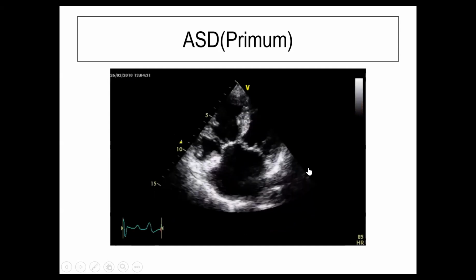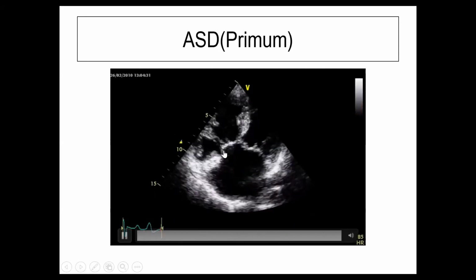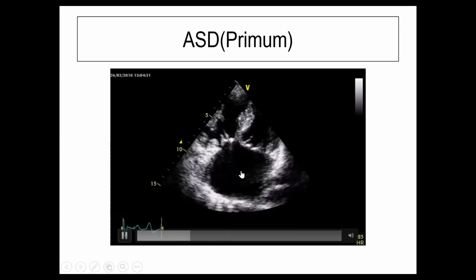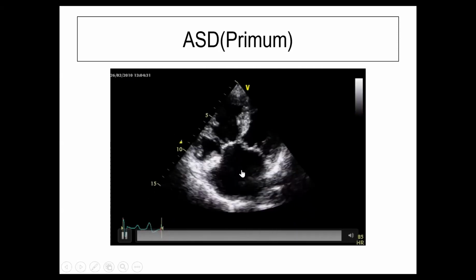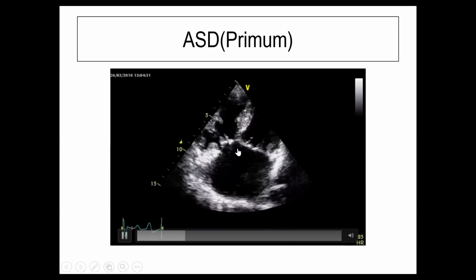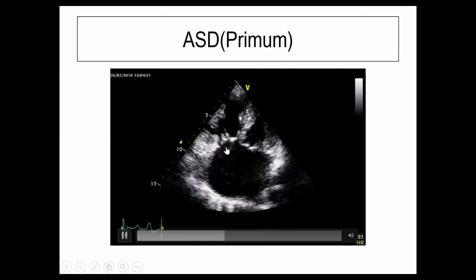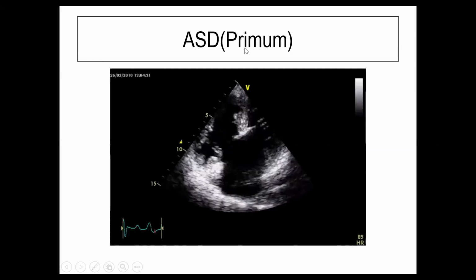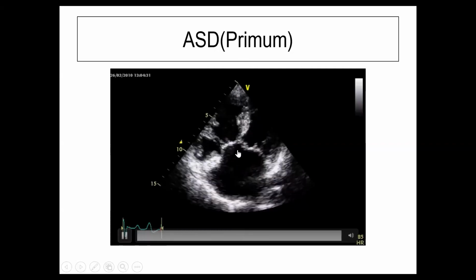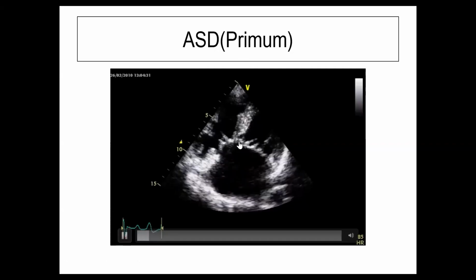This is a primum kind of ASD, which is the common AV canal defect. Look, there is no septum seen over here. If you see an ASD in the primum region, the majority of the time it presents like a common AV canal defect, where the mitral and tricuspid valves become simply one. And this ASD needs surgical repair.